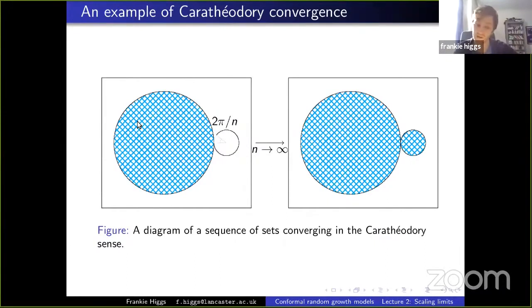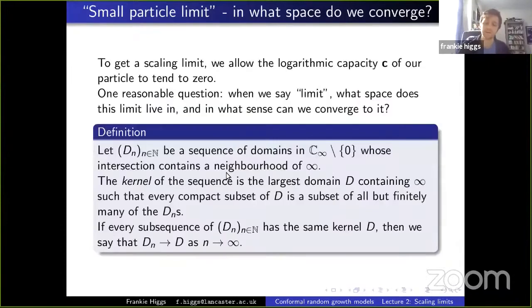It's not even connected. The limit is all of this outside the two disks, union the inside of this disk, but not the circle. So we're not going to be able to map to it from the reference domain. So the Hausdorff distance isn't the right sense in which we consider convergence.